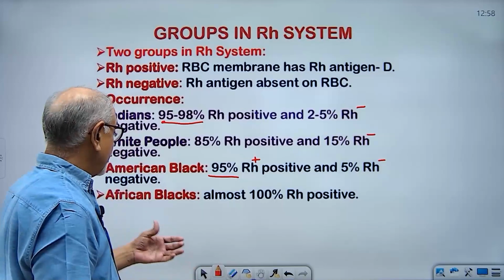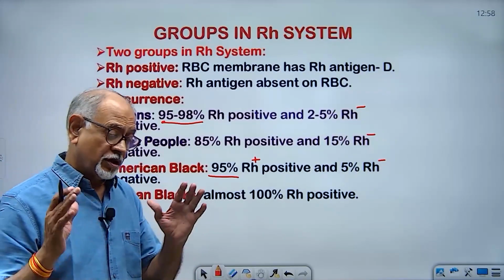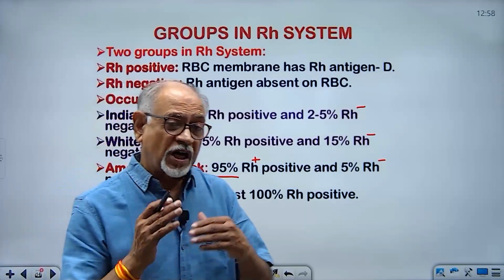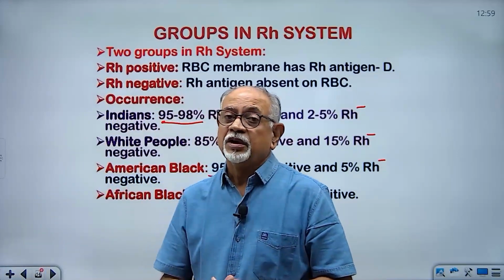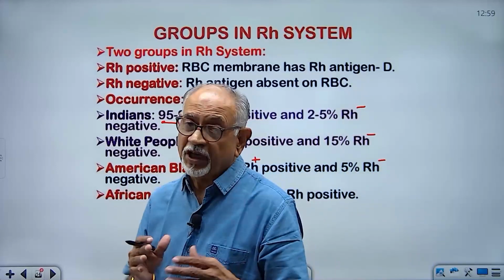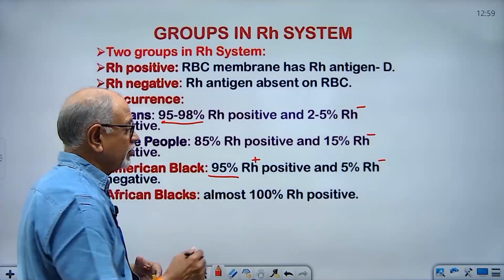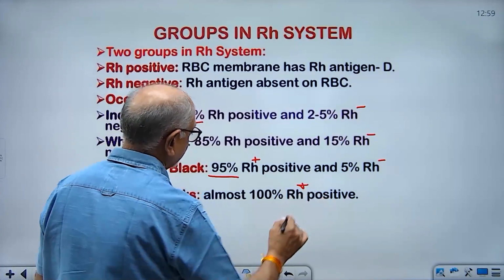But in the African blacks, the gene for RH positive antigen is very common in the population and therefore, among them nearly 100% people are RH positive.